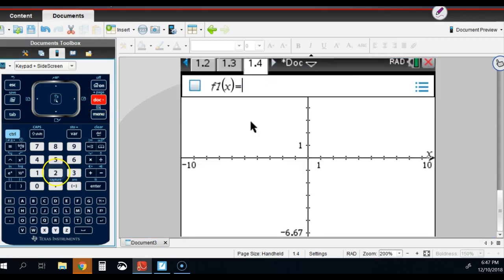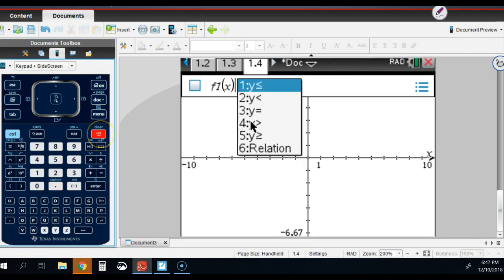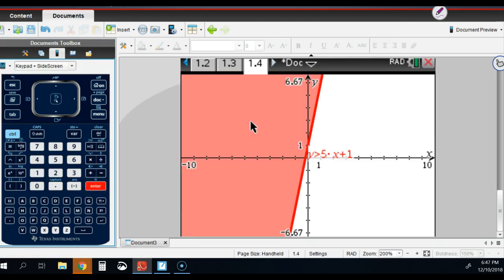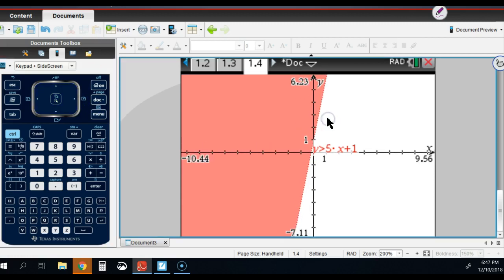Let's go back to a new graph. Delete the equal sign, choose 4, y is greater than, there we go, 5x plus 1, enter. See, this is what I meant earlier. The line appears to be solid. Move your mouse around a little bit, it highlights that line to make it look solid when in reality it's not. So now we can see that the line is dotted.